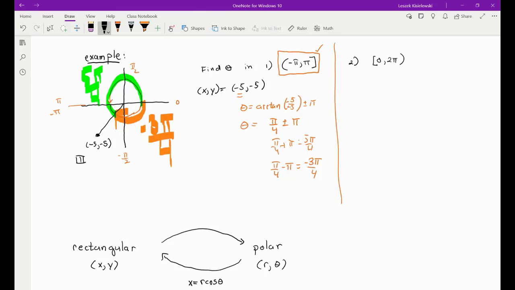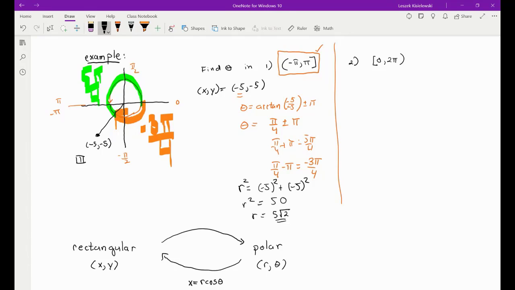So on the other hand, oh, and by the way, obviously I should finish this problem. R squared is going to be x squared plus y squared. So R is going to be plus or minus 5 times square root of 2. For now, I'm just going to take the positive radial measure.